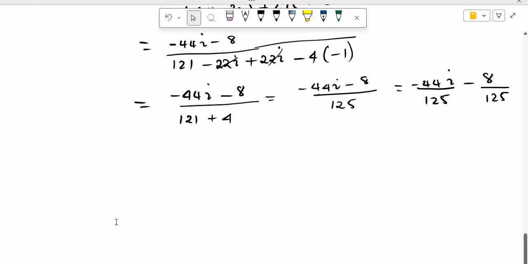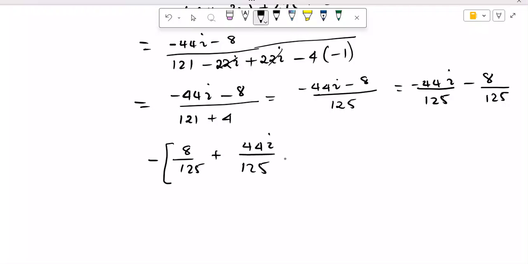This is the form they want. So you can further say this is same as negative 8 over 125 plus 44i over 125. You can start with a real number. This is the form.